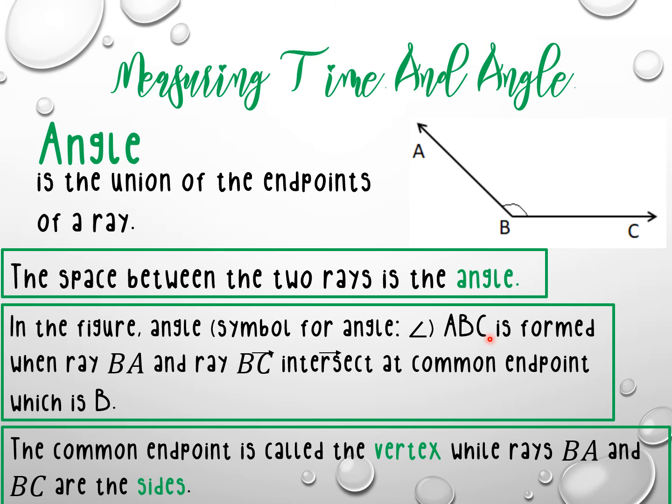The common endpoint is called the vertex, while rays BA and BC are the sides. So dito sa angle na to, ang vertex natin ay B. B is the vertex and then the rays are BA and BC. Tinatawag din siyang sides, yung rays.